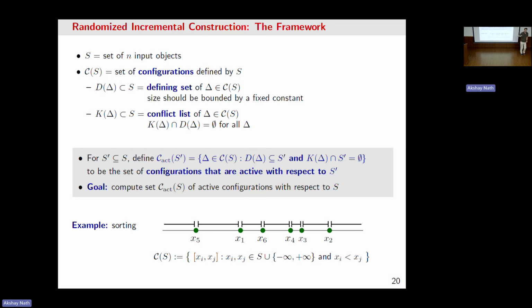And then indeed, if you look at things that are active with respect to the whole set, I have to look at all my intervals, but as soon as an interval has another point in it, it is not active, so I only get the intervals that are empty, and those were exactly the ones I wanted to compute.